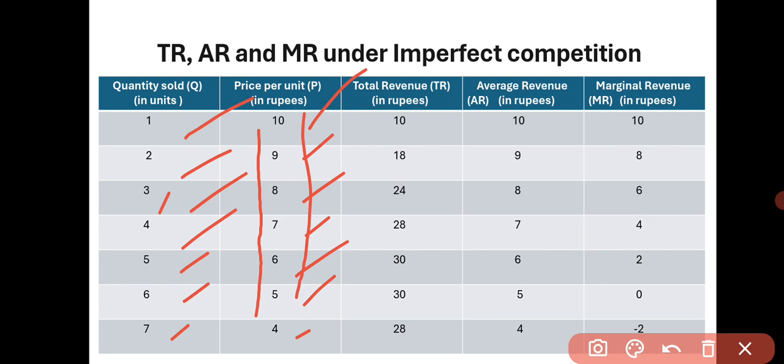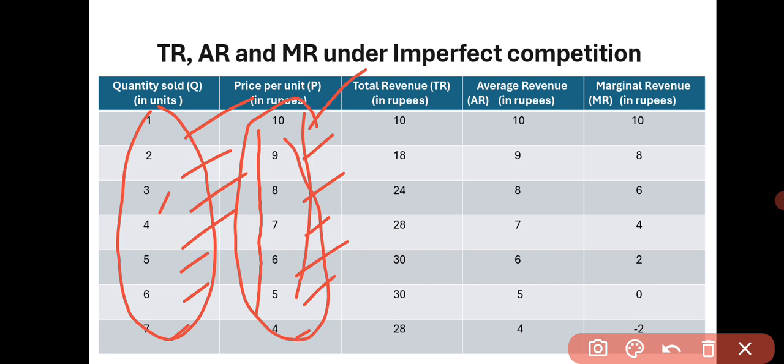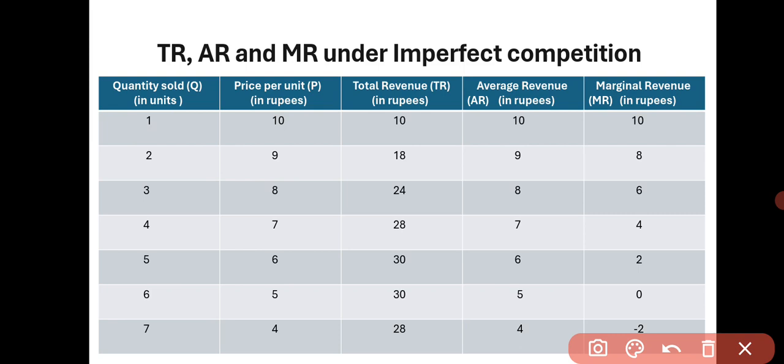So in order to sell more and more of this output, the producer, the seller or the firm has to reduce the price. By reducing the price only, in an imperfect competition market, the firm can sell more and more units of the good, right?